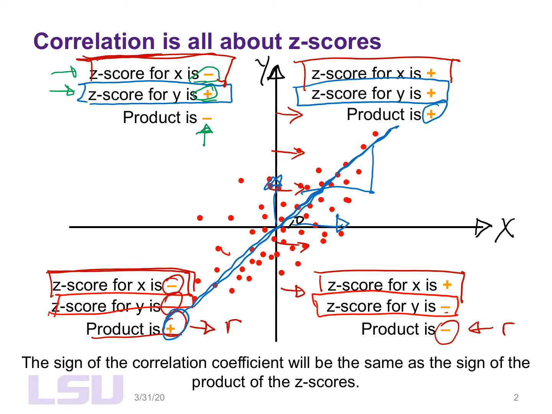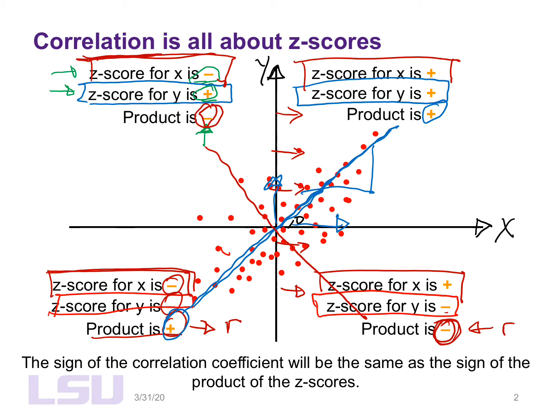On the contrary, if you had this as your linear regression line, now you're passing through these quadrants where the product of the z-scores is negative.